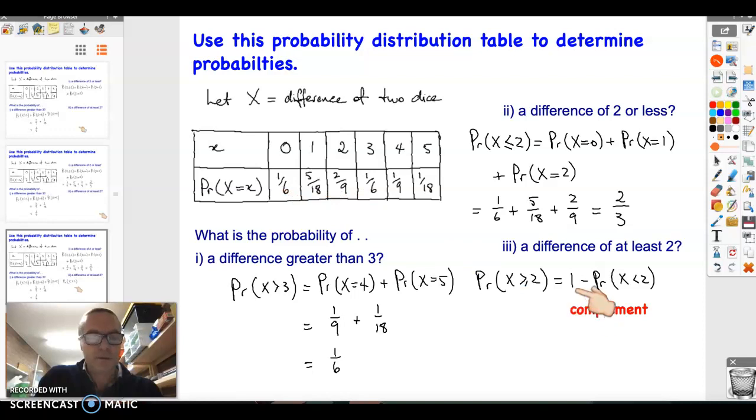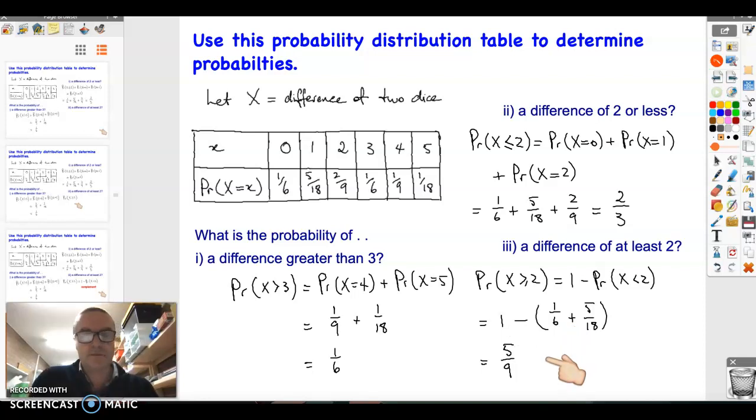If I use the property of the table that all the probabilities add to 1, I can use the complement here. So the probability that x is less than 2 is in these brackets. The probability that the difference is at least 2 would be 1 minus that value, which turns out to be 5/9. So I've used the complement. The complement is a concept in probability that will be very useful over and over again.